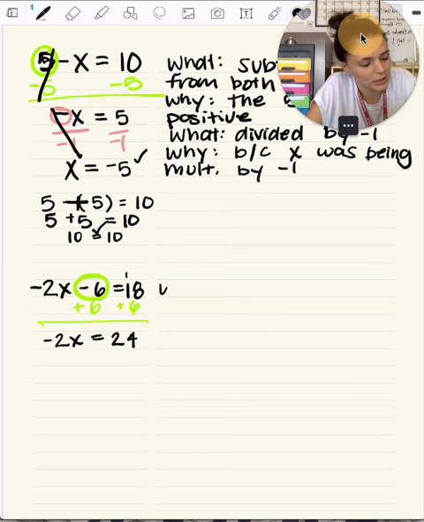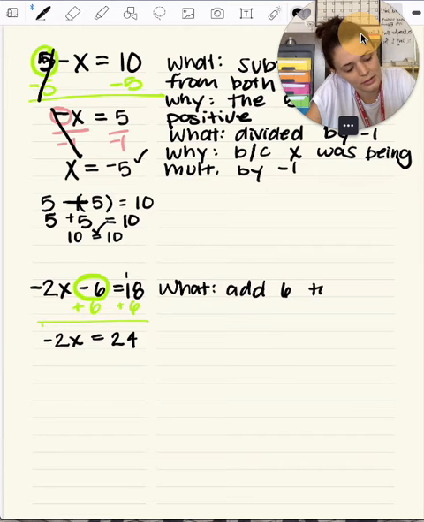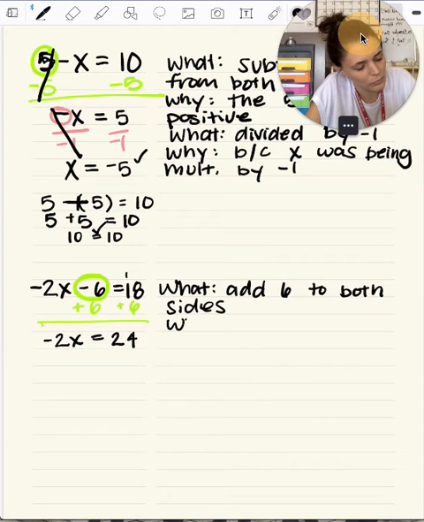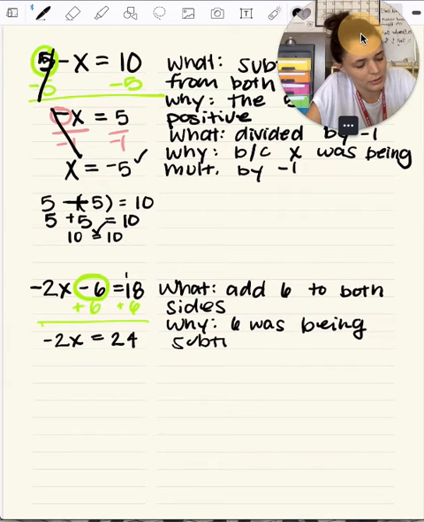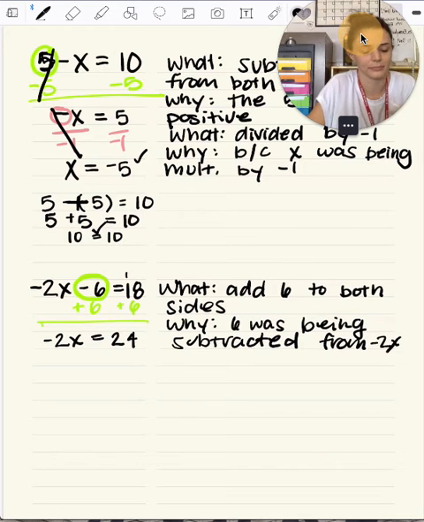Okay, so what did I do? Add 6 to both sides. Why? 6 was being subtracted from -2x.